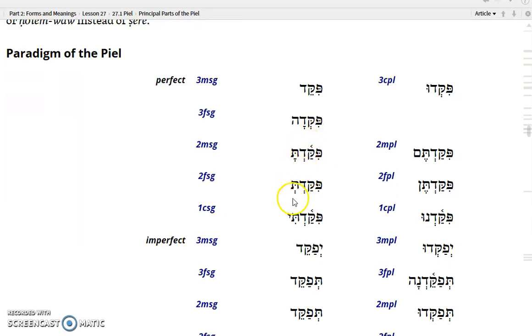The ta and all the endings of the perfect are the same as the endings of the perfect in Qal. You're just placing them on the Piel stem, where you have a hireq and a doubled middle consonant, and it at least begins with an a vowel, though it goes to an e vowel, tsere, though it goes to a patah in the later forms.